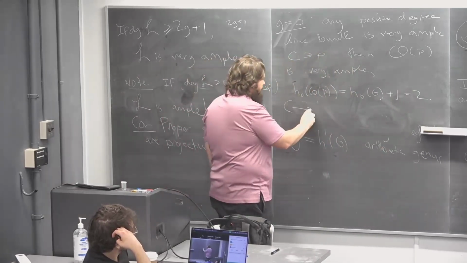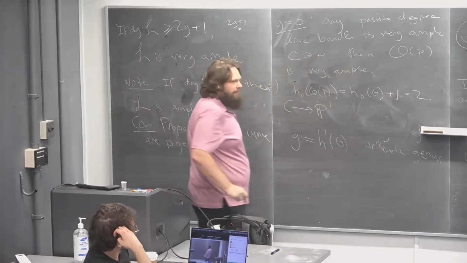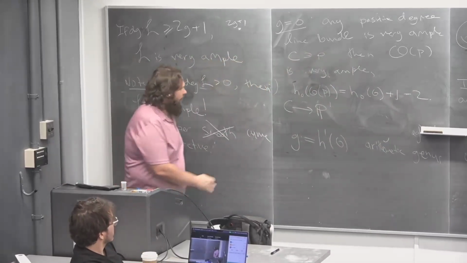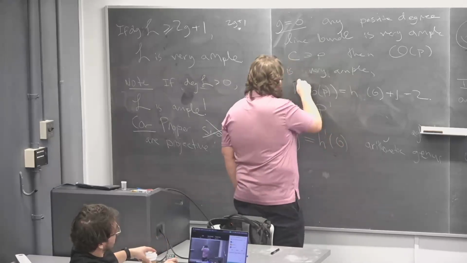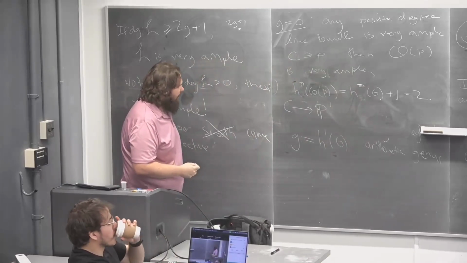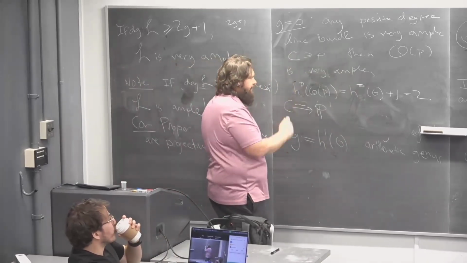So I get a map of C to P1. And in fact, this map is a nice one.